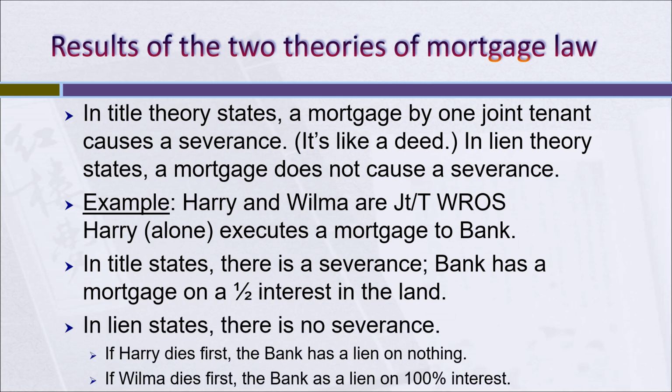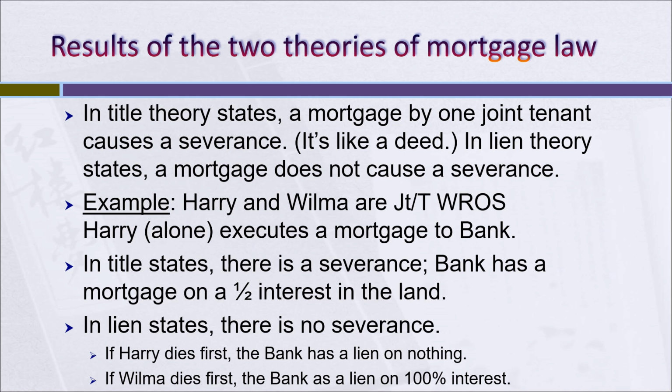In the lien theory states, on the other hand, there is no severance, and that means there's still a right of survivorship. So now we have to look and see who survives. If Harry dies first, the bank has a lien on nothing. Harry's interest simply terminates. It's extinguished if Harry dies first in a right of survivorship situation, so the bank has a lien on no interest at all.